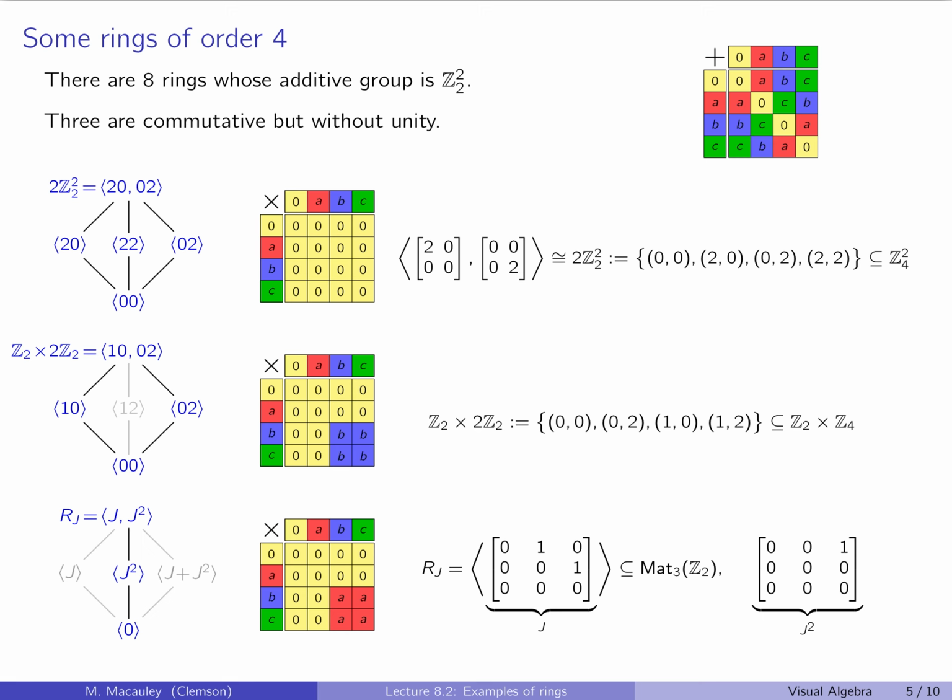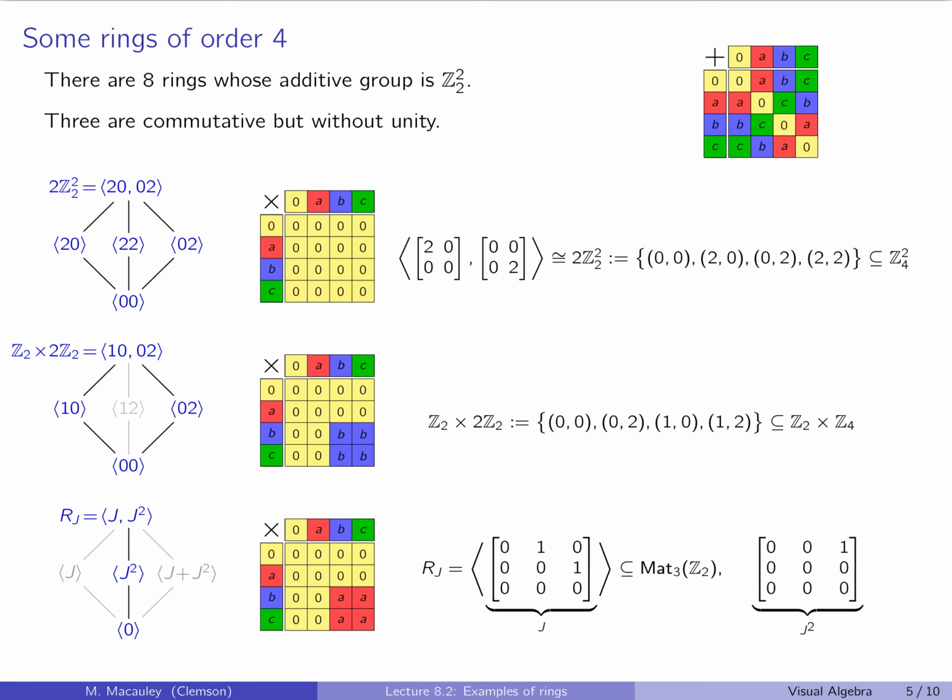So I like to call that 2Z2 squared, but you can't say that without saying where it lives. And you can think of this as these 2 by 2 matrices right here. Here is the subring lattice. And notice that all of these are ideals trivially because, if you multiply any element here times anything, you get 0. So of course that will be contained in the subgroup that it generates.